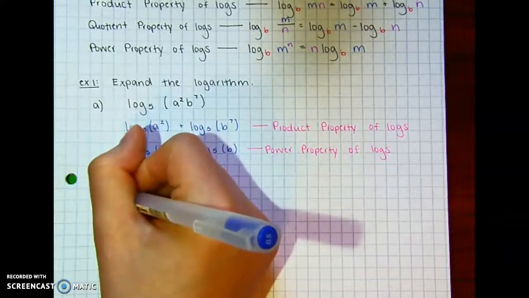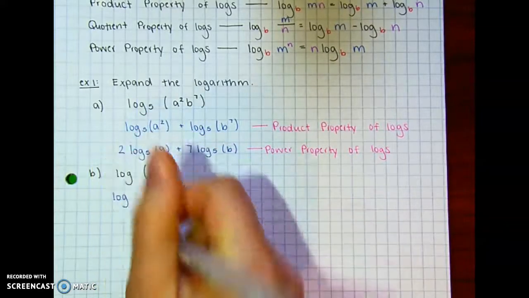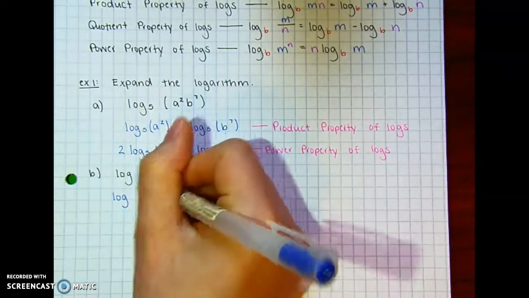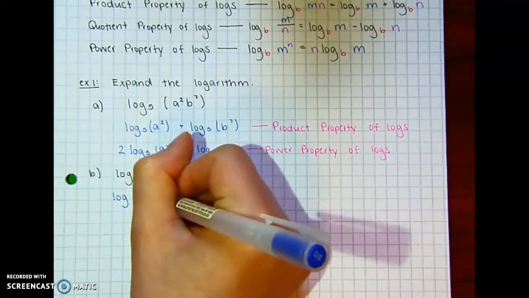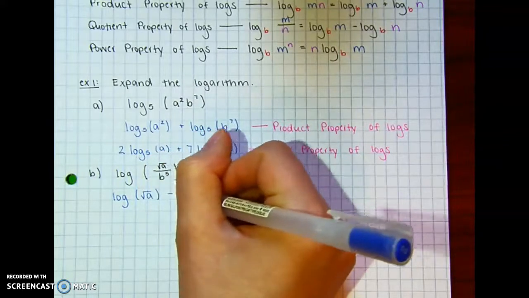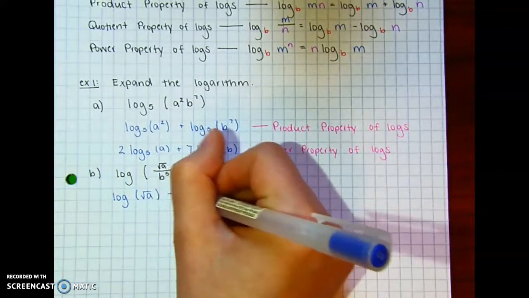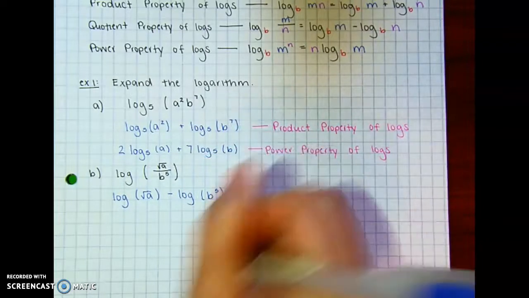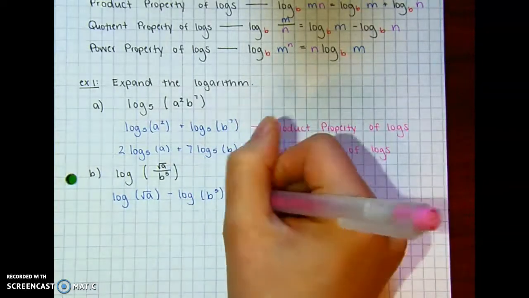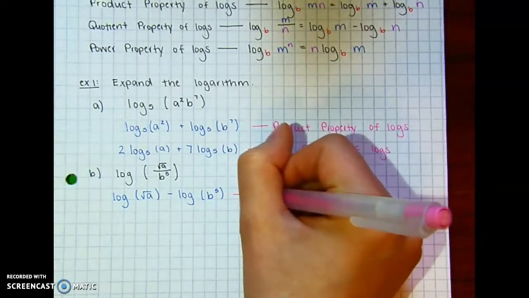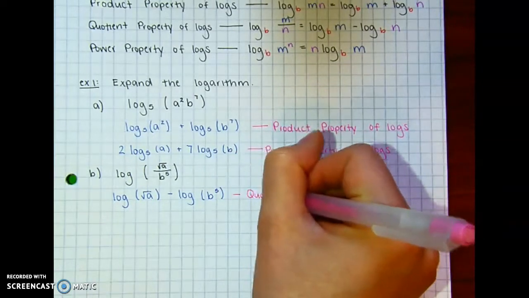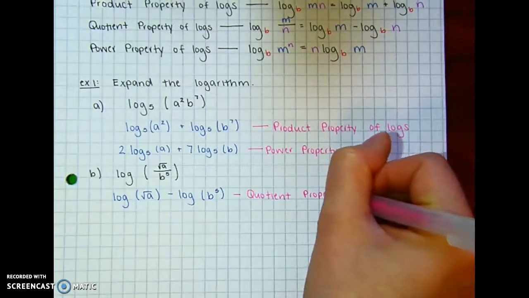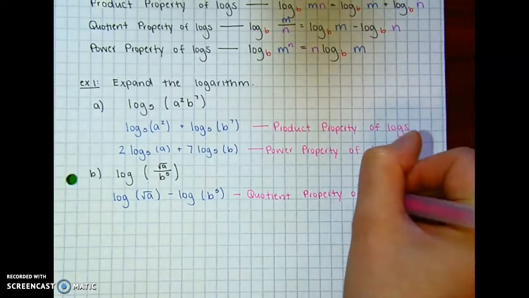That's going to use the quotient property to rewrite this as log, and our base is 10, I don't need to write it, so I'm just going to say log of the square root of a minus log of the denominator, which is b to the 5th. So that is the quotient property of logs.